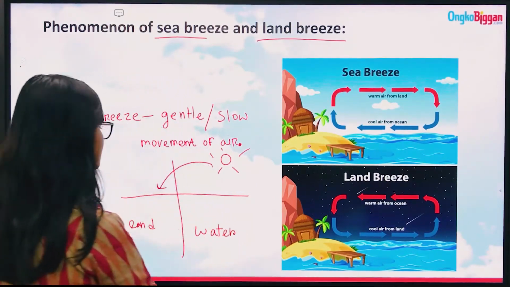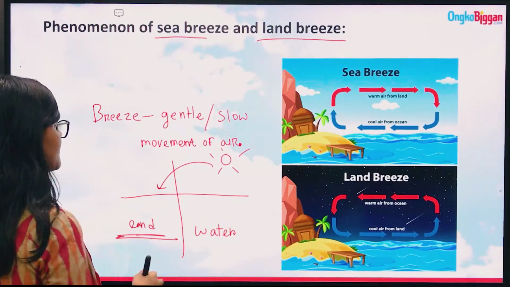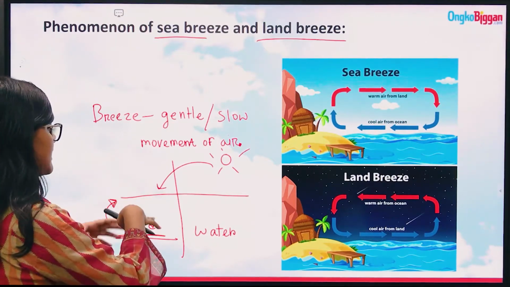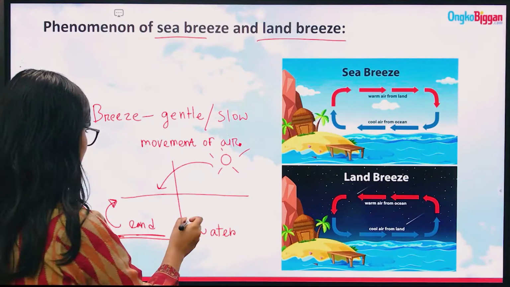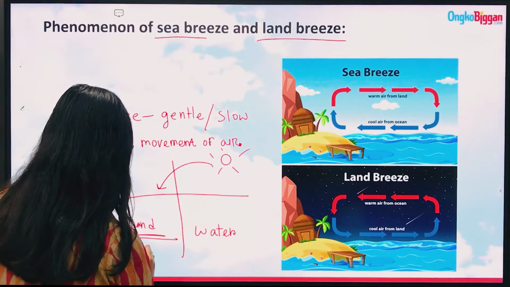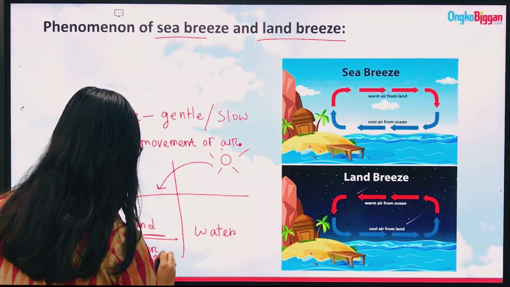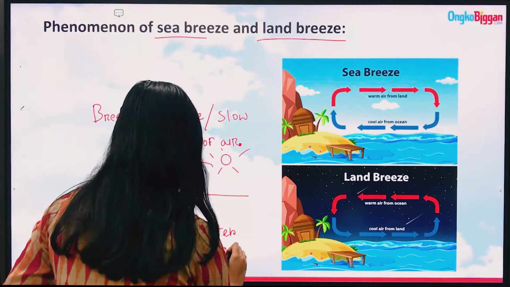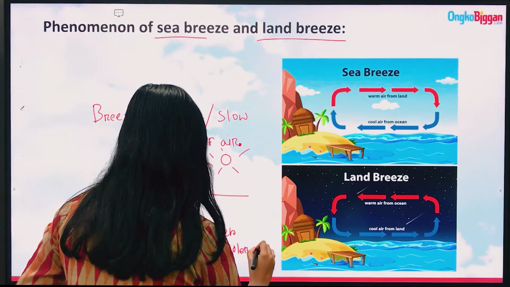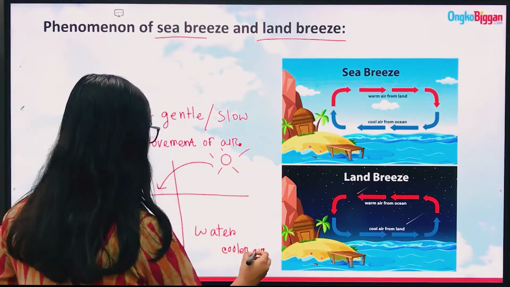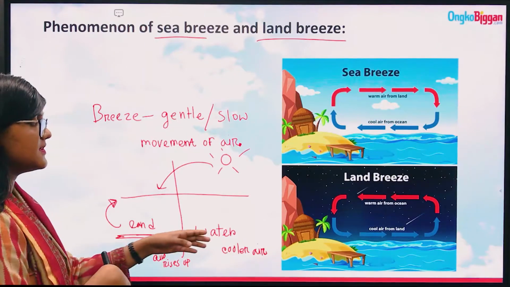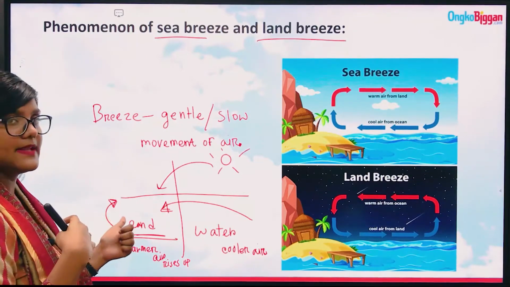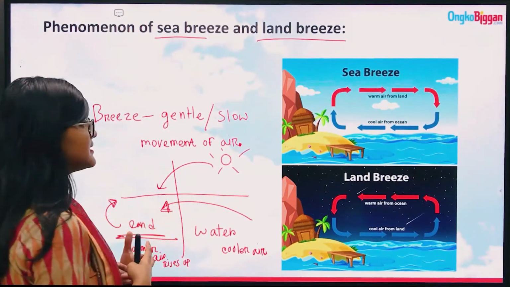That decreases the density of the air in this area, and the warmer air rises up, and the cooler air from this area rushes to this place in order to fill up the vacant place, so that we can see wind blown.